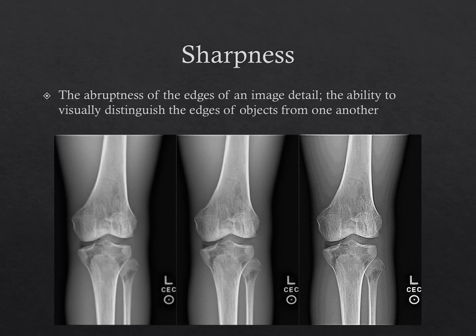Now let's look at the image on the right. I have very strong edges. It's very distinct. Look at the patella. You can really see that patellar edge, whereas it's very blurry here. So the edges here are just a bit blurrier.